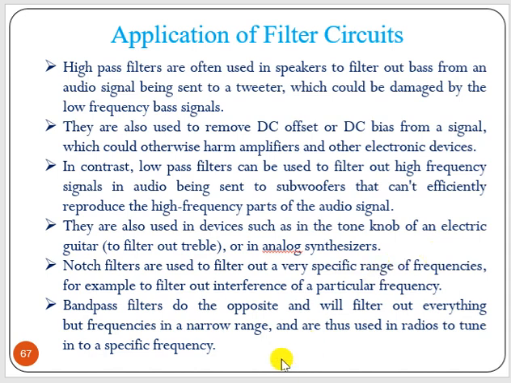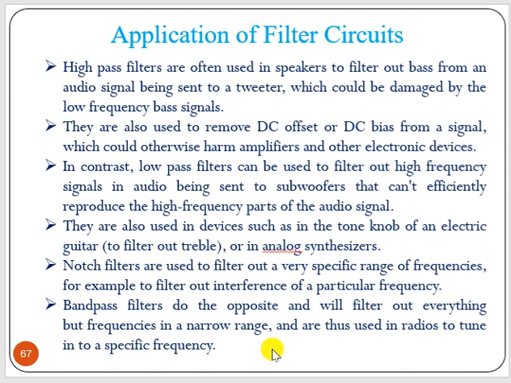A notch filter, which is nothing but the band stop or band reject filter, is used to filter out a specific range of frequencies, for example to filter out interference of a particular frequency. Band pass filters do the opposite and filter out everything but frequencies in a narrow range, and are thus used in radios to tune into a specific frequency.